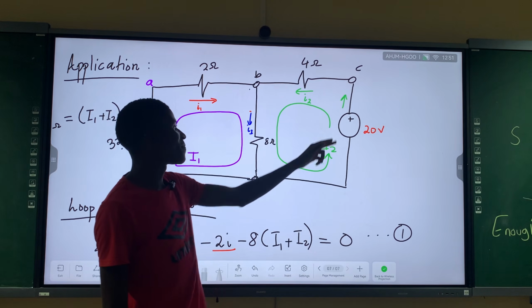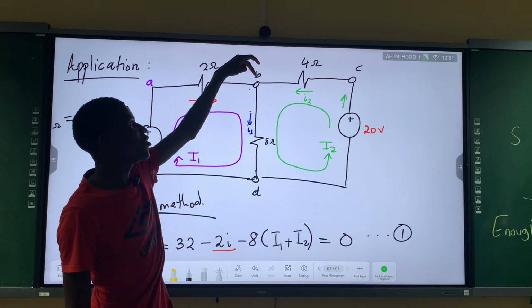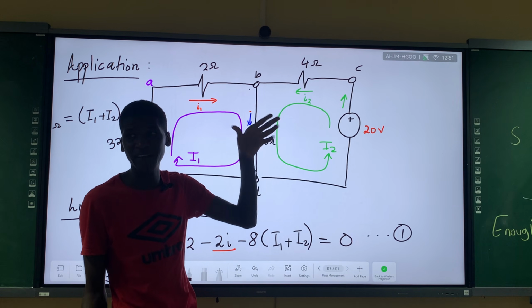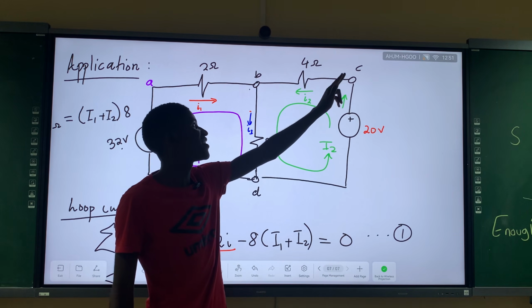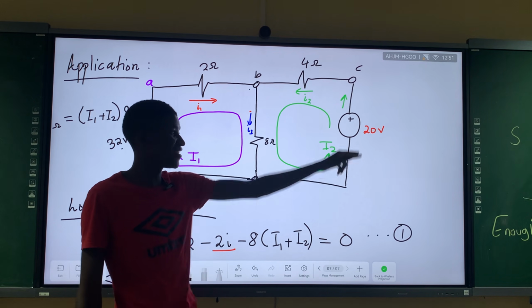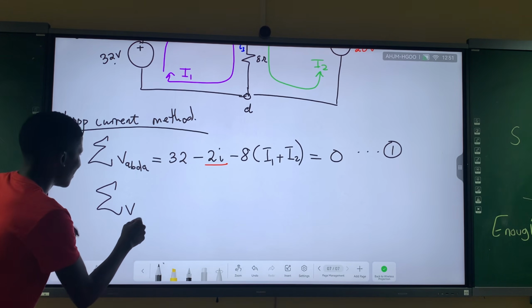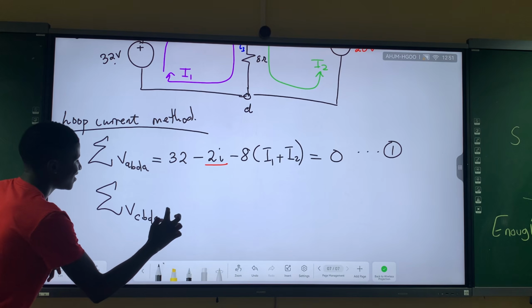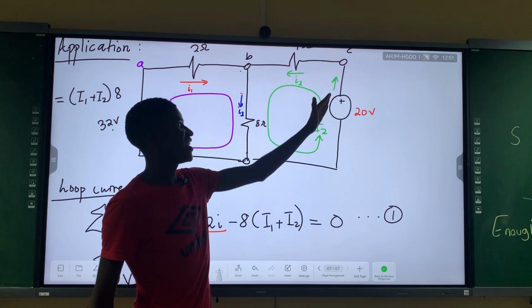The other loop now, the green highlighted loop, right? It is a loop B, C, or you can take it in whatever arrangement. But this loop, yes, it's C, B, D, C again. So it's loop C, B, D, C, because we start here in this direction at the loop.